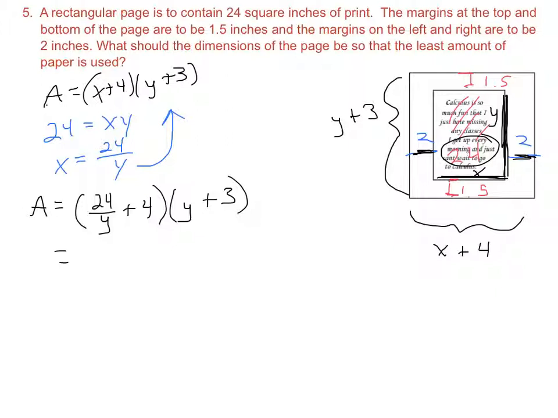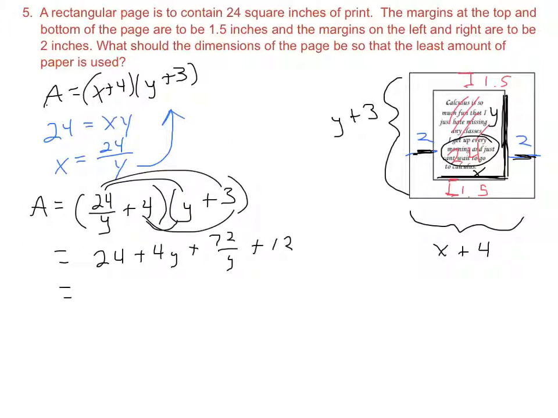And when I do that, I'm going to end up with 24 plus 4y plus 72 over y plus 12. I'm showing you the interim steps, and then that equals, when you combine everything, 4y plus 72 over y plus 36.